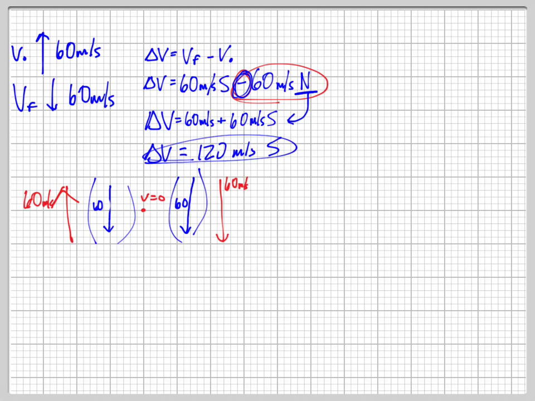Now, something that was a little confusing today was finding the resultant. All that finding the resultant is, is adding vectors.